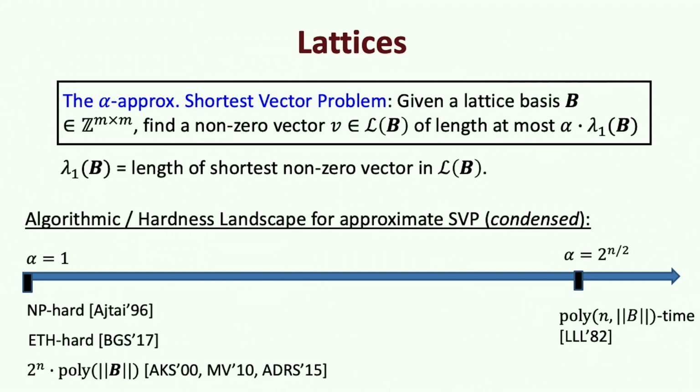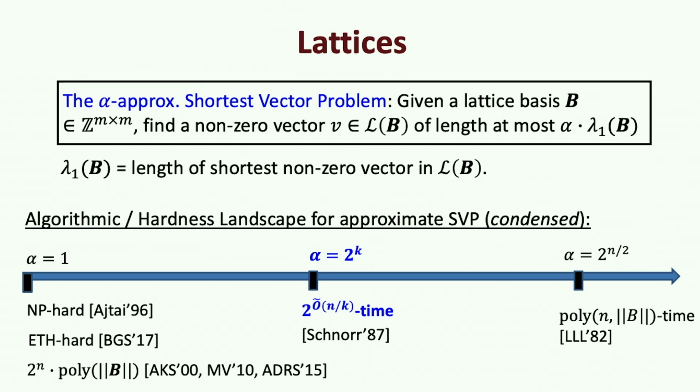On the other end of the spectrum, the famous Lenstra-Lenstra-Lovász algorithm solves the 2 to the n, or 2 to the n over 2, approximate version of this problem in polynomial time. So those are the 2 extremes, and you can interpolate between them. It turns out that 2 to the k approximation of shortest vectors can be computed in 2 to the n over k time. So the exponents multiply to n, up to logarithmic factors.